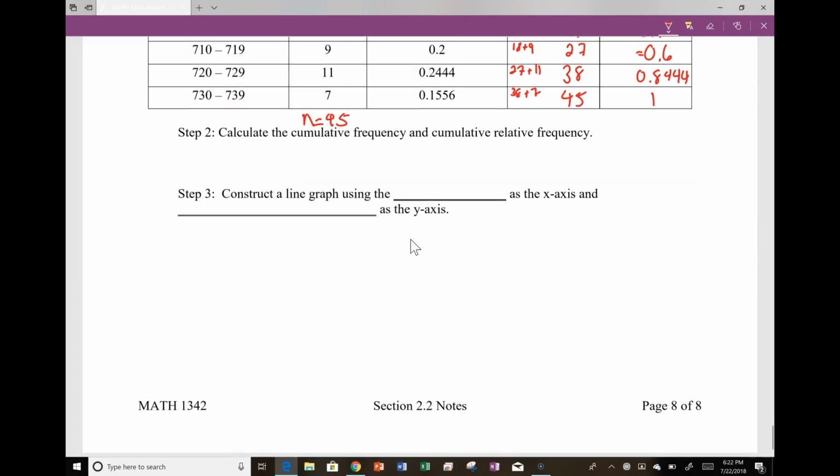Now for an ogive, we are going to construct another line graph. So frequency polygons and ogives are both line graphs. This time we're going to use the upper class limit along the x-axis and the cumulative frequency along the y-axis.